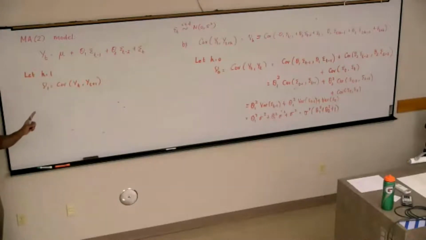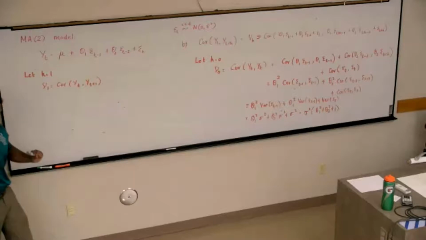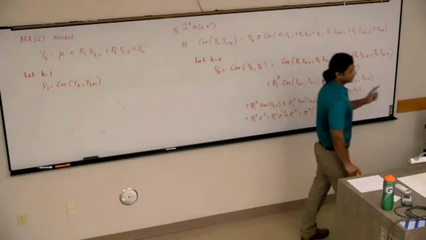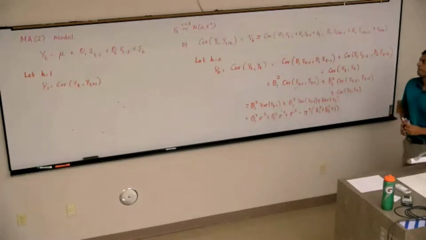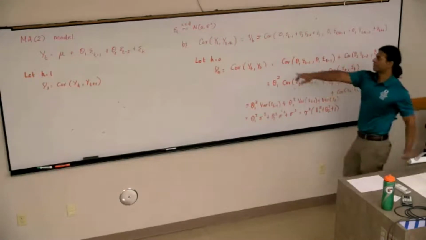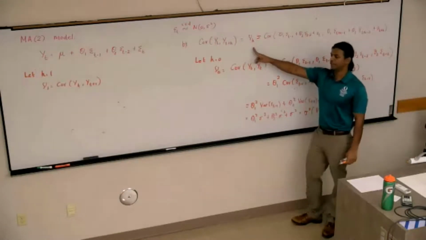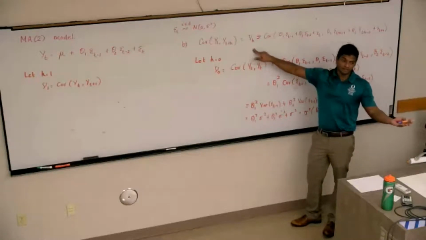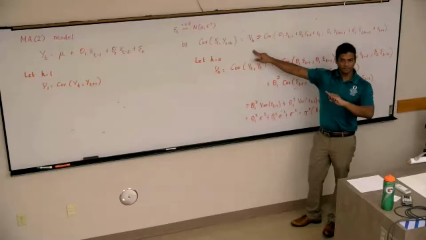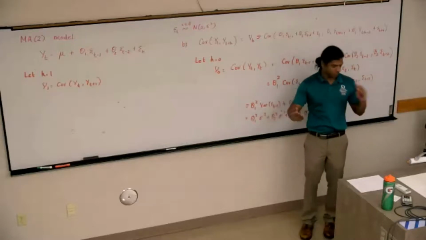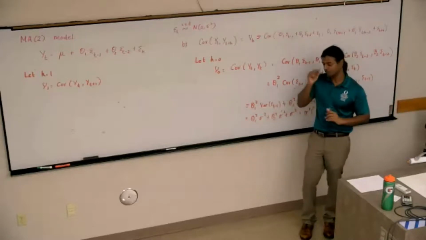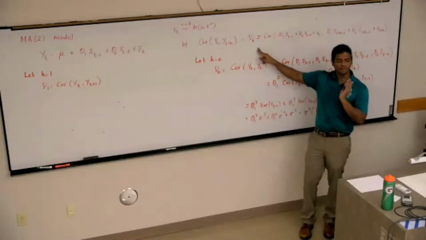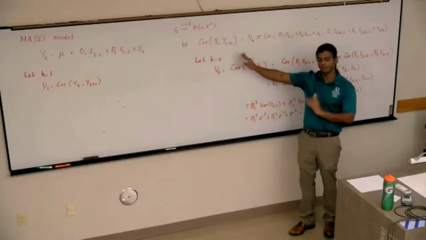The book might use j instead of h, and it might go t minus j instead of t plus j, but an important property of gamma h is that gamma h is equal to gamma negative h. They're one and the same. Whether you go in this direction or that direction, the correlation is going to be the same. So I like using h and I like to go with the positive side.